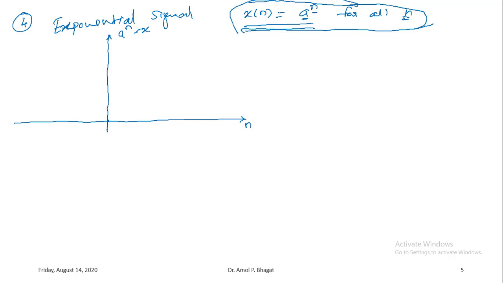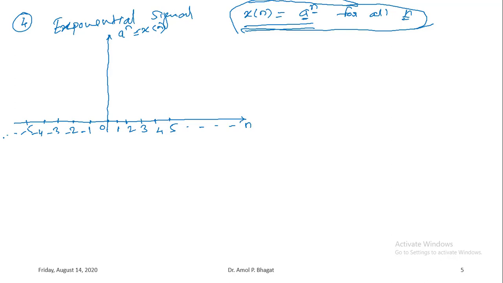This is nothing but your x of n. Again time varies as 0, 1, 2, 3, 4, 5 and so on. Similarly, -1, -2, -3, -4, -5 and so on.